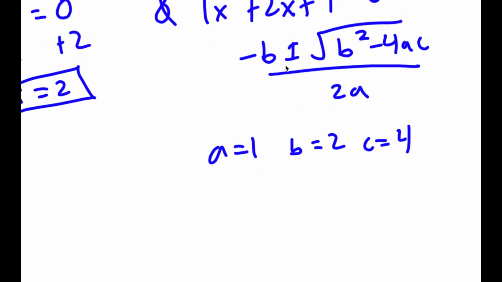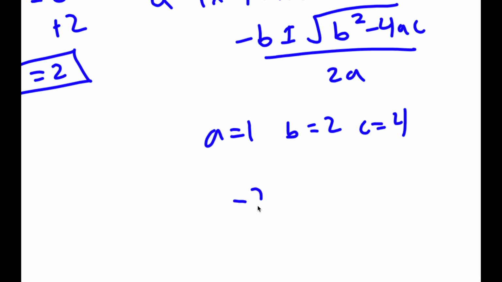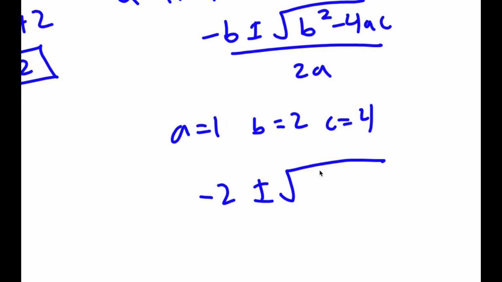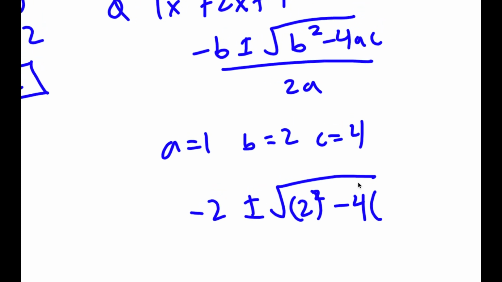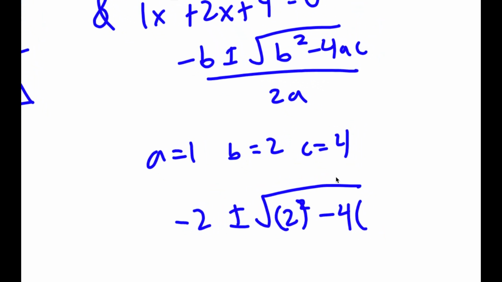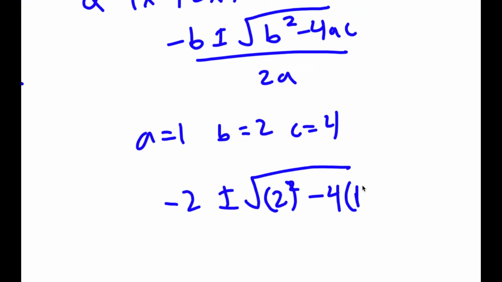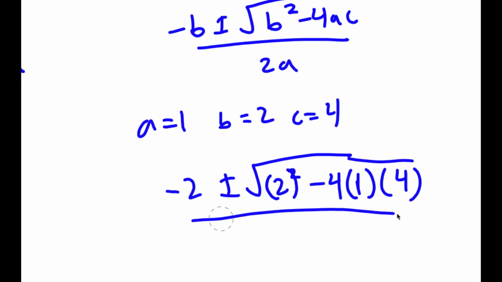So now if I plug this into the quadratic formula, I get negative 2 plus or minus the square root of b squared, which is 2 squared, minus 4 times a, which is 1, times c, which is 4. And I am dividing this with 2 times a, which is 2 times 1.